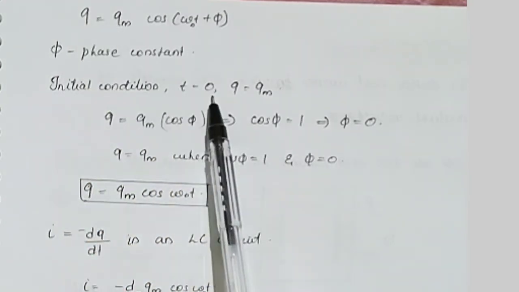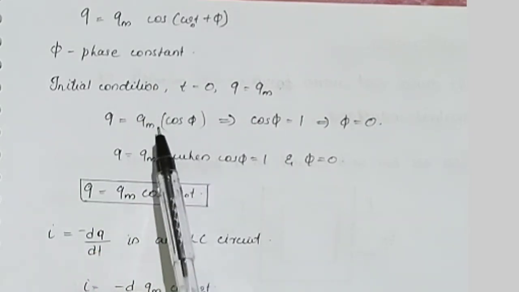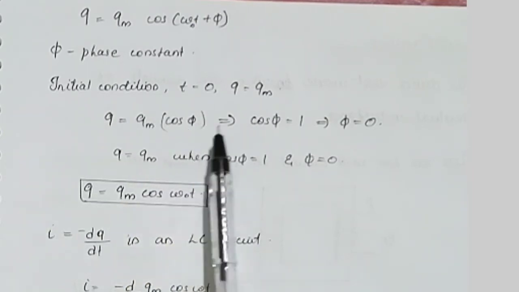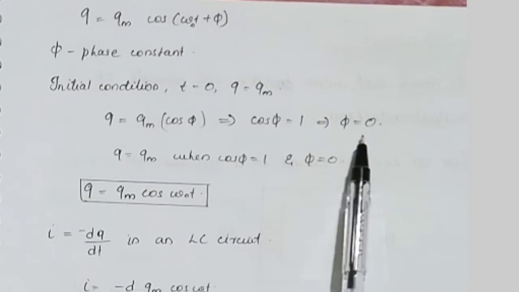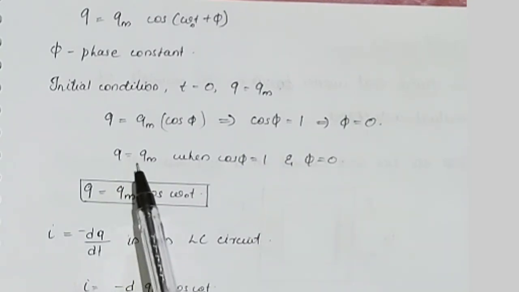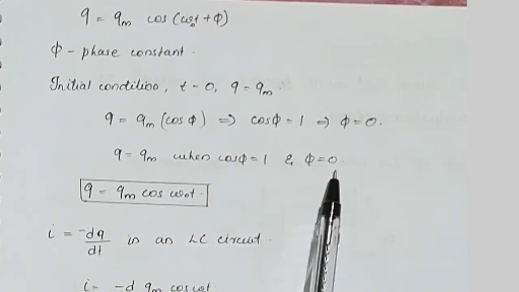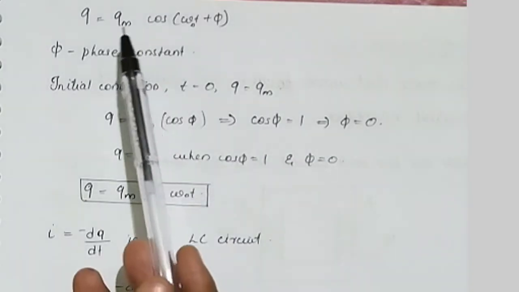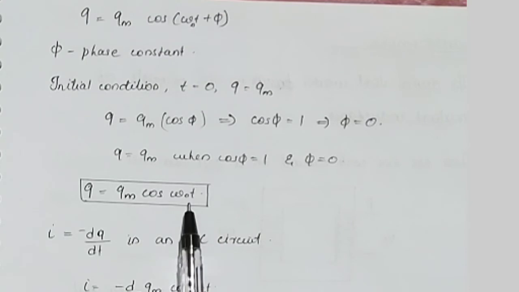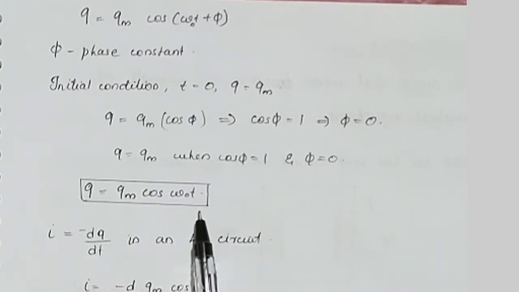Therefore, at t = 0, we can write q = qm cos φ, and to get q as qm itself, cos φ should be 1, which implies φ is 0. Therefore, we can write the expression for q as q = qm cos ω₀t. So, this is the expression for charge in an LC circuit.